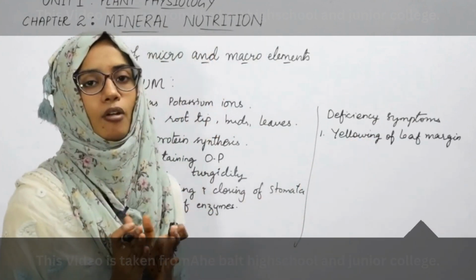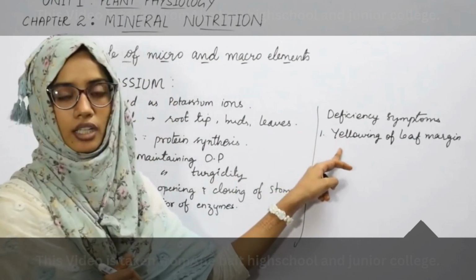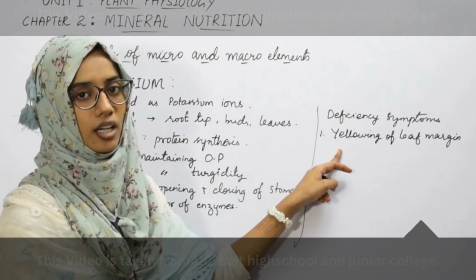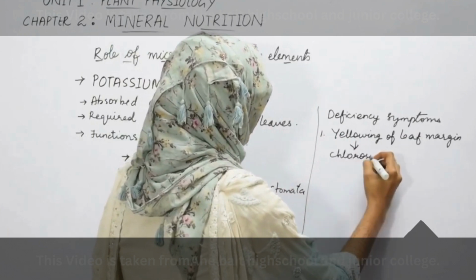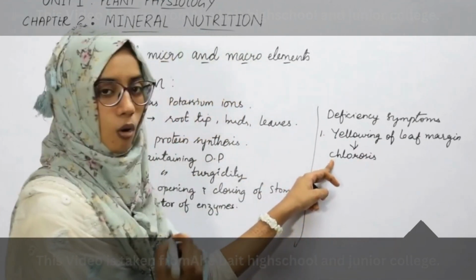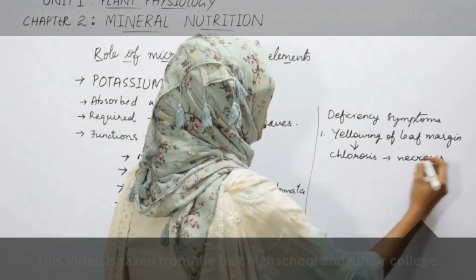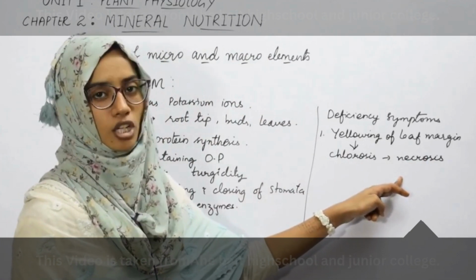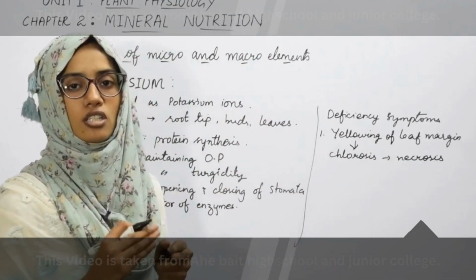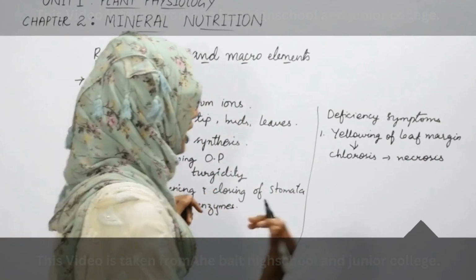The whole leaf may not become yellow, but the leaf margins can become yellow in color, especially in the older leaves, and this yellowing of the leaf margins is termed as chlorosis, and also necrosis can be seen due to the deficiency of potassium. Necrosis is the death of the tissues. So due to the deficiency of the element potassium, the death of the tissues can also take place, which is called necrosis.